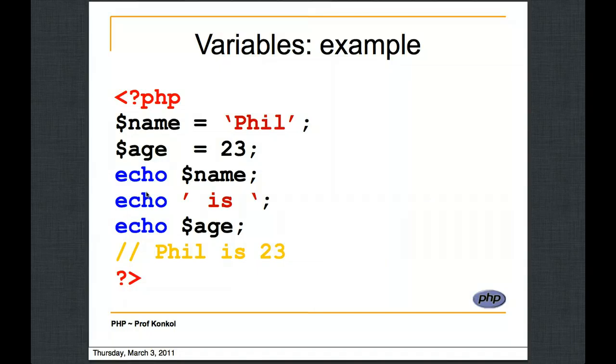Just for aesthetic purposes, there's a space between the I and after the S. So it'll be name, or Phil, space, is, space, 23 on the output. All right? And those of you who know HTML, you could put in here if you wanted to wrap it, you could echo a BR tag. You could echo an HR tag. You can echo whatever. Okay? And it would wrap it as you would in basic HTML.